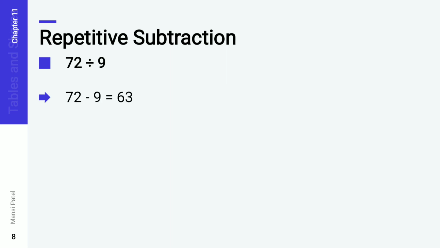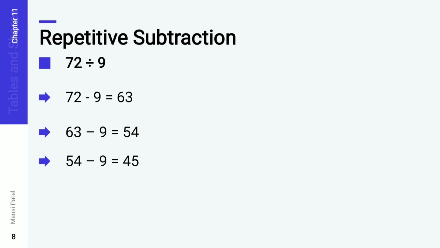72 minus 9, 63. Now from this 63 again you have to subtract 9. 63 minus 9, 54. Now from this previous answer, 54, again we subtract 9. So 54 minus 9 is equal to 45.